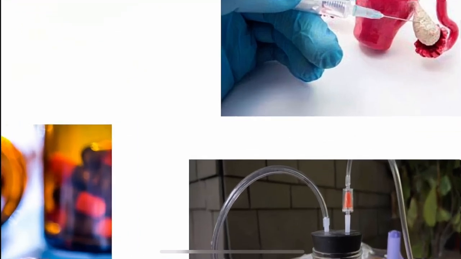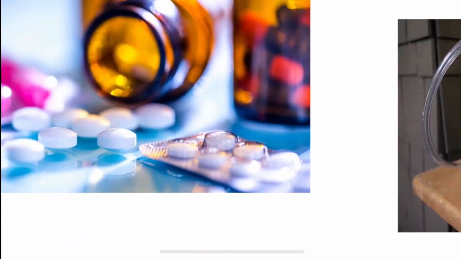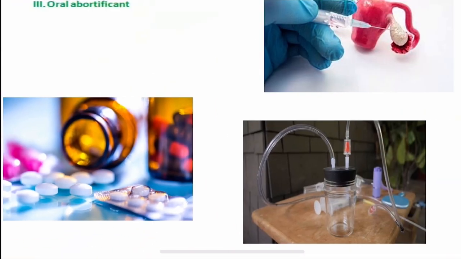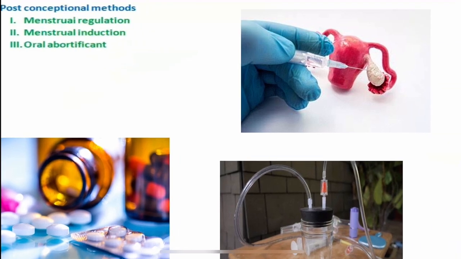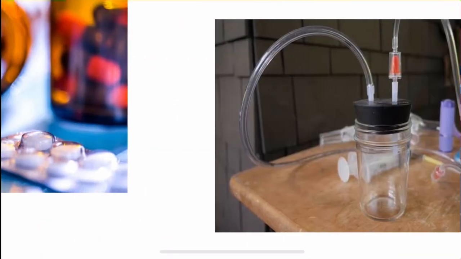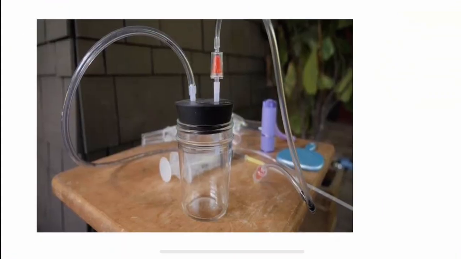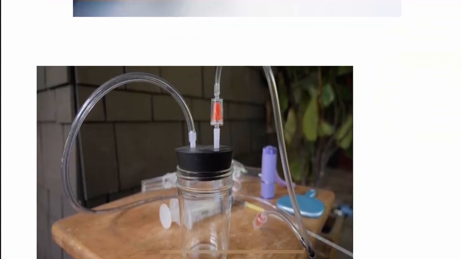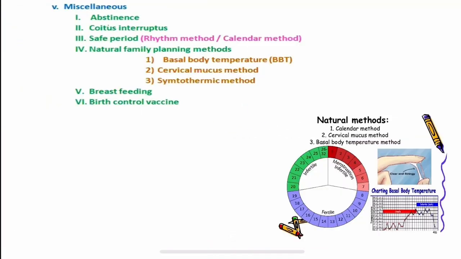You can see here, they regulate the menses by giving injections, and also by giving pills, and the induction is done wherein they aspirate the contents of the endometrial cavity within 14 days of the missed period. And then we also have the oral abortifacients.